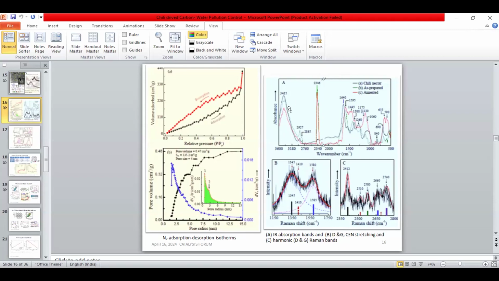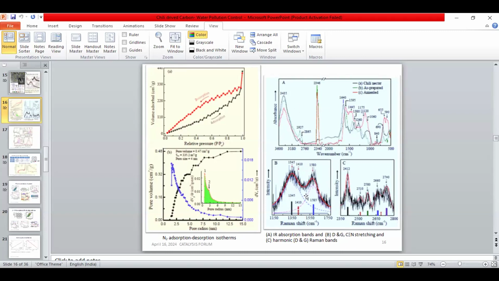But interestingly, for the blue and green, which are the as-prepared and the annealed carbon, we saw that a new peak emerges at 2346 wave number. This new peak is the CN stretching band, and it is very sharp, indicating that nitrogen is doped into the carbon, along with some signature bands corresponding to the sp2 nature of carbon, C=C.